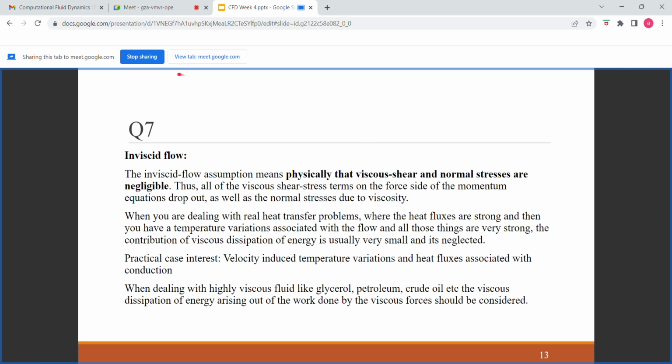So just a minute. I mean, here it won't be neglected in real heat transfer problems.